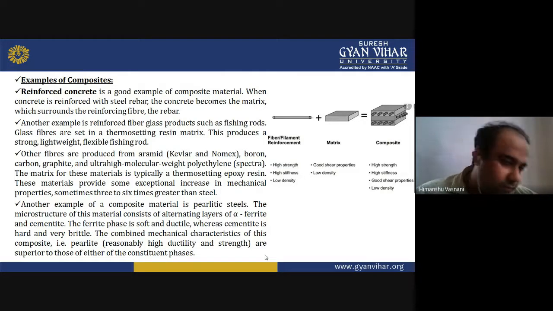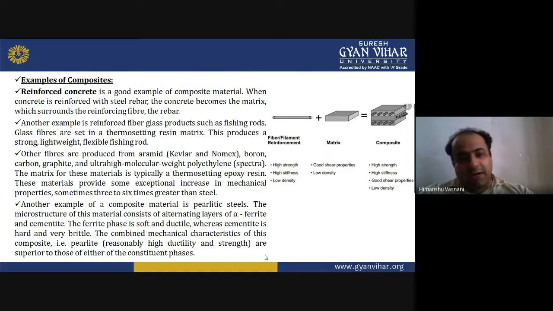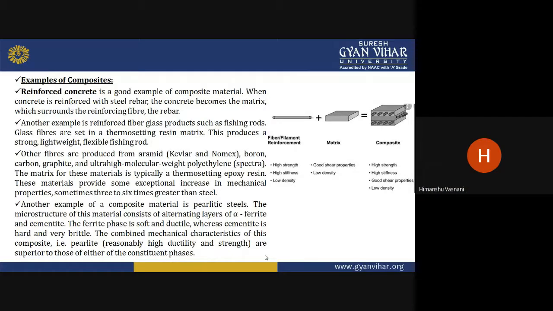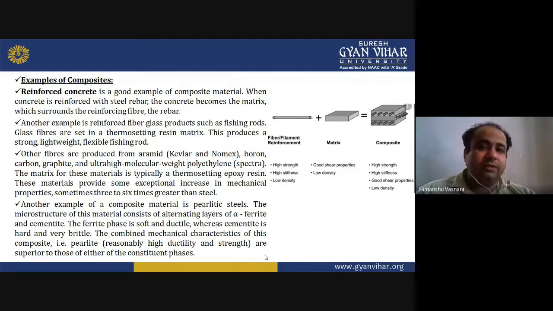So you understand these properties are combined to give you a good composite material. Now, some examples of composites. Reinforced concrete is a good example of a composite material. When concrete is reinforced with steel rebar, the concrete becomes the matrix which surrounds the reinforcing fiber, the rebar.